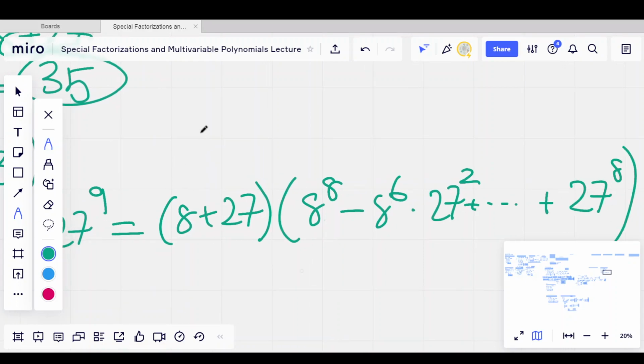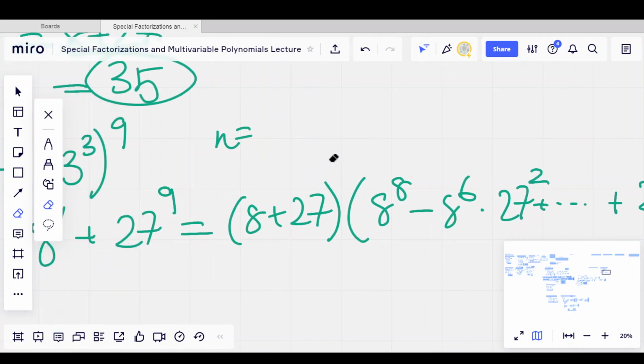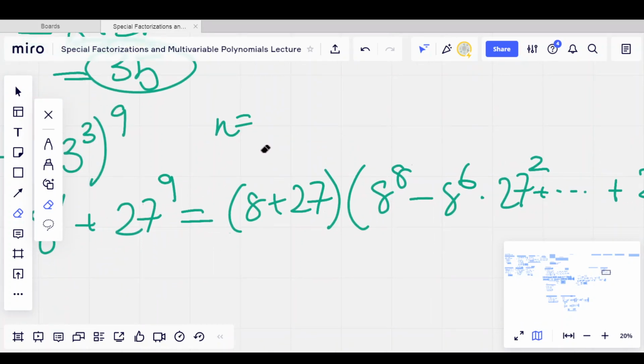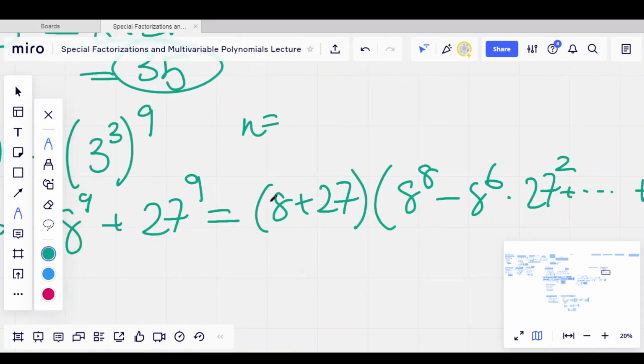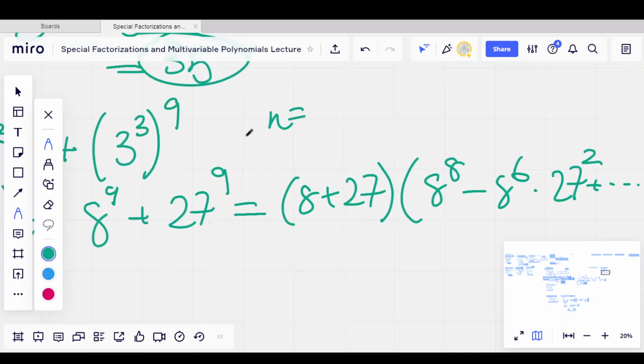Note that we are letting n equals 9 here. Sorry, 2n plus 1. Here 2n plus 1 is odd, right? It's always odd.